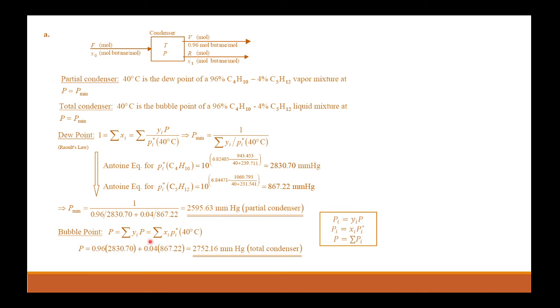So the total pressure is the summation of the mole fraction of each species multiplied by the vapor pressure of each species at 40 degrees Celsius, summed up, which gives you 2752 mmHg for your total condenser.